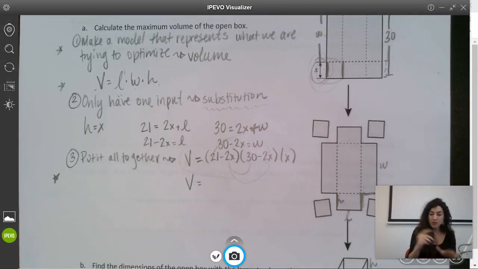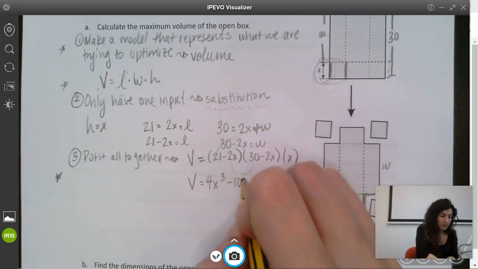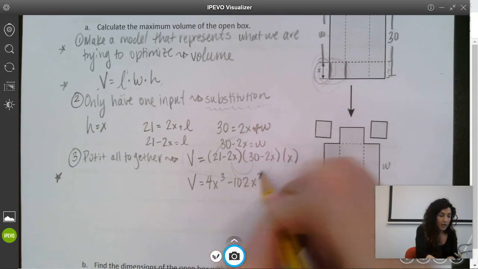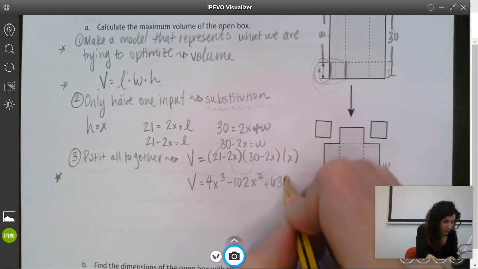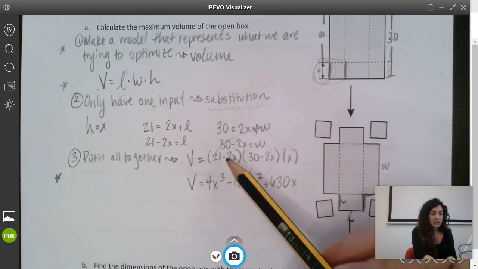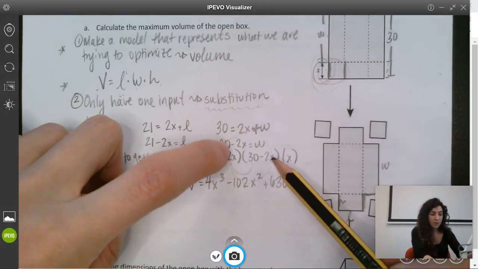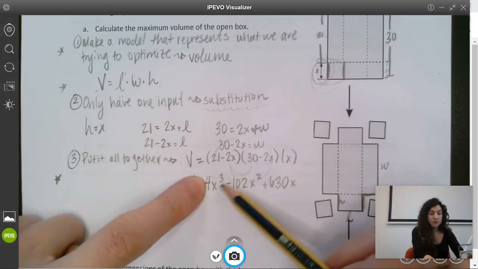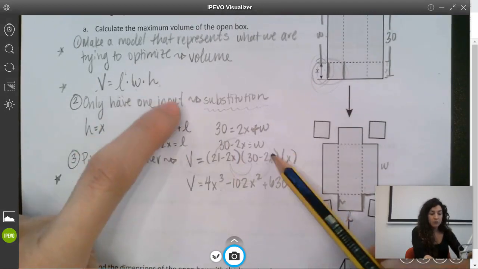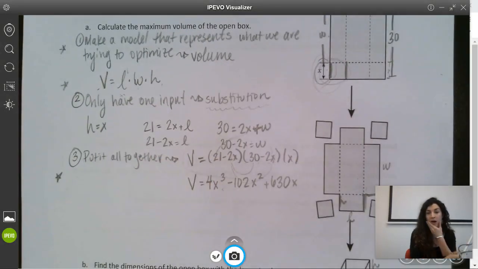When you expand it all, you end up getting 4x cubed minus 102x squared plus 630x, right? 21 times 30, 21 times negative 2x, times 30, negative 2x times negative 2x. That's where your positive 4x squared comes from. But then if you multiply x into all of those pieces, you end up going up one more exponent.